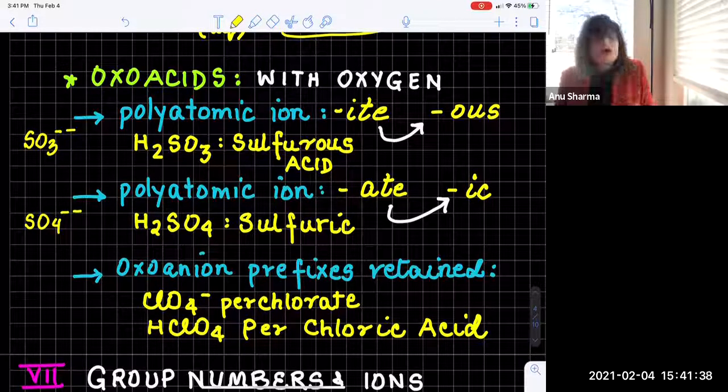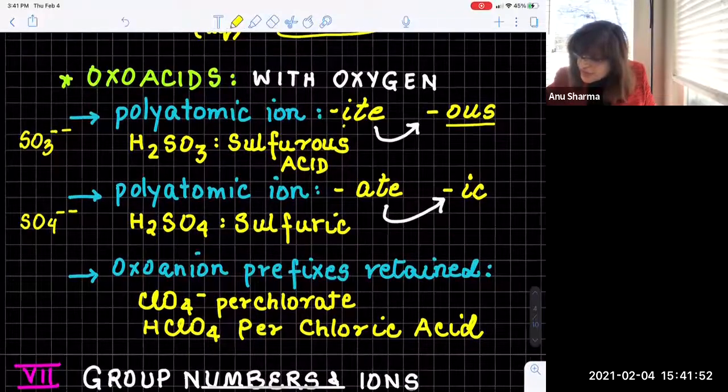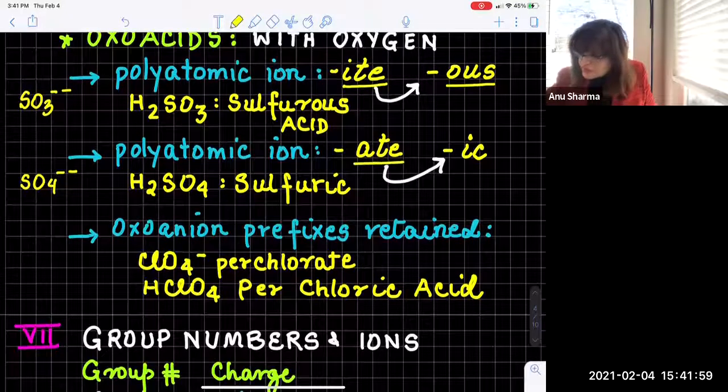So sulfite, SO3 with two negative charges. Sulfite becomes, ite becomes ous. Ite changes to ous. Higher number of oxygens, ate, with respect to sulfur in this case, the name changes from ate to ic.